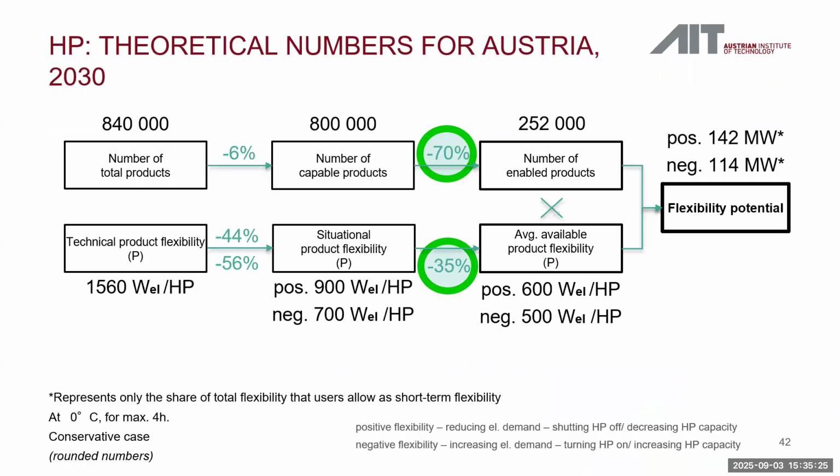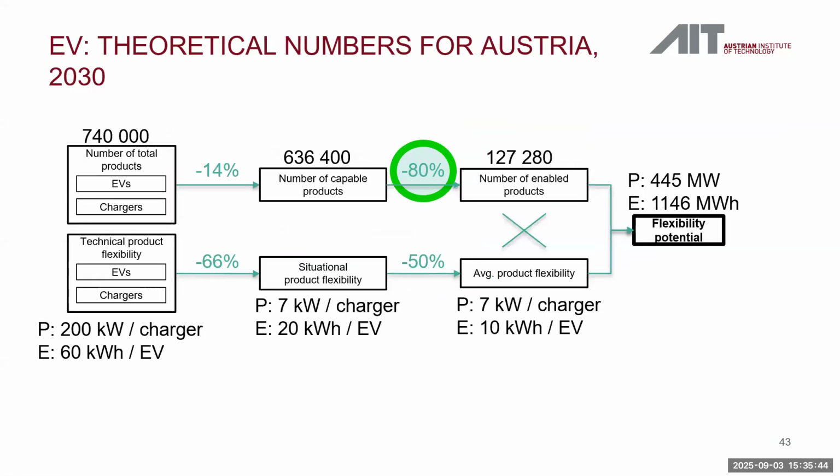I just want to repeat that the most part of flexibility gets lost due to the users here. So we have quite high numbers here, with minus 70% and minus 35% in the conservative scenario. That's what we found in literature. And also for the electric vehicles, the step from the number of capable products to the number of enabled products is quite high, from what we found in our research.